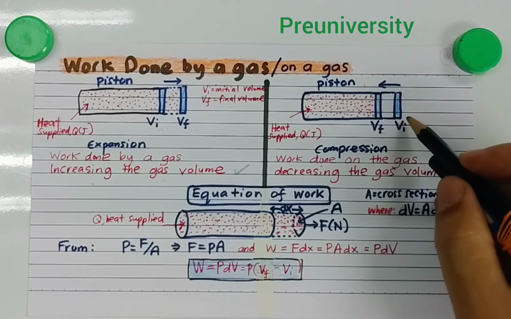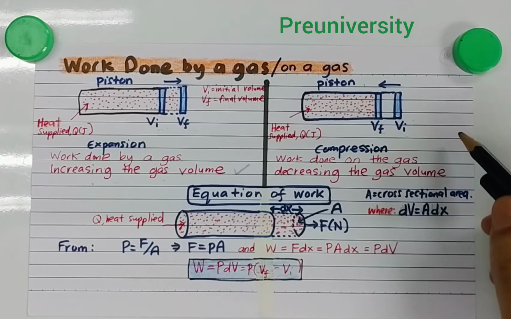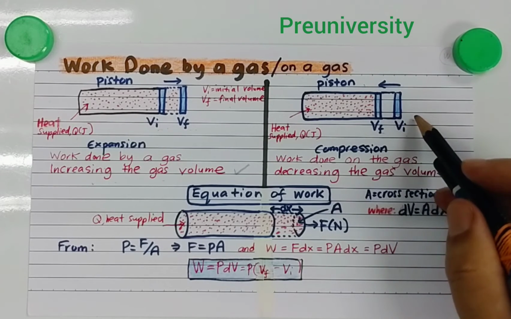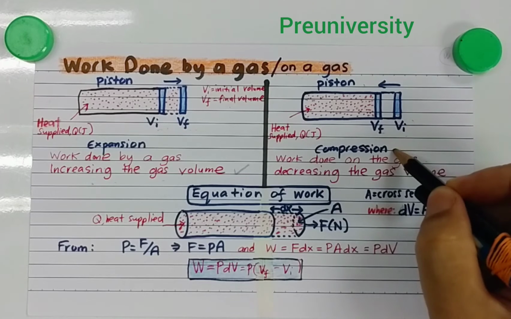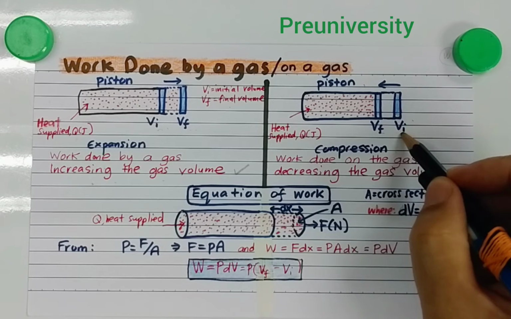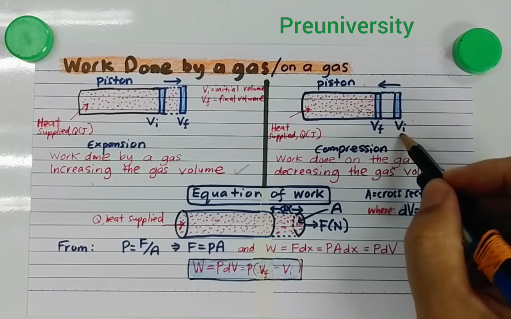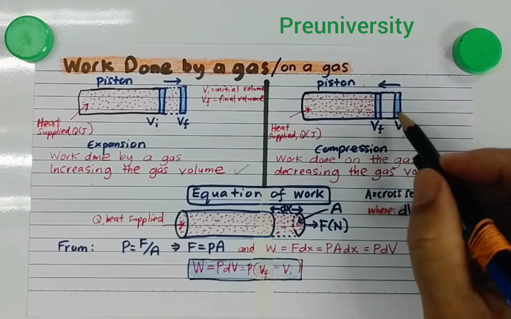If we refer to this diagram, in this case we supply the heat and in this case is the work done on the gas. So work done on the gas, and in this case is a compression. Compression means decreasing in the volume of the gas from VI decreasing to the VF here.